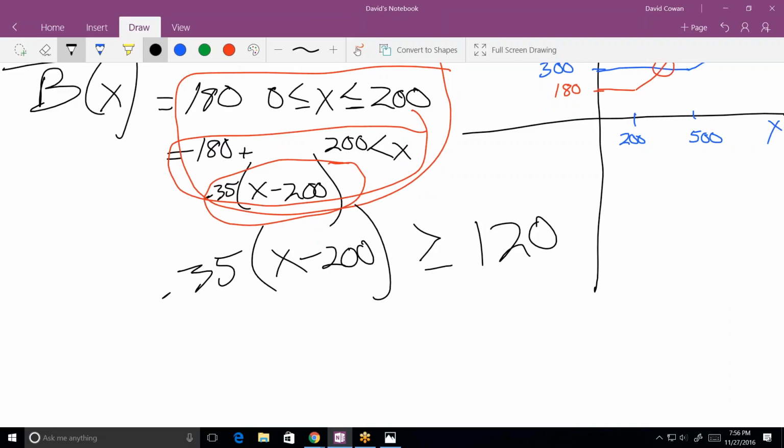Best way to solve this? What's the first step? Divide by 0.35. Notice that there are two different ways to solve it. I could distribute the 0.35, but that actually makes for harder math because I've got a number, 0.35 times 200, that I'm going to have to take to the other side. Let's just divide both sides by 0.35 right away.